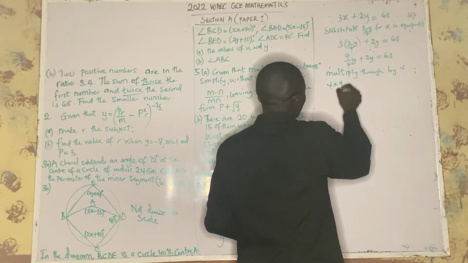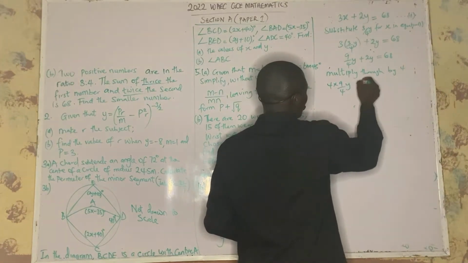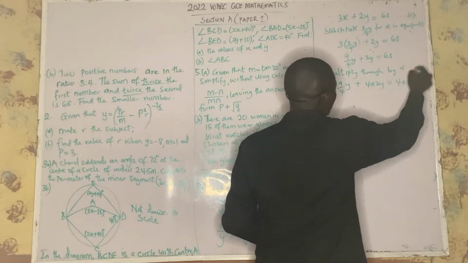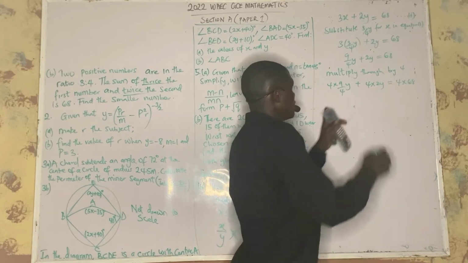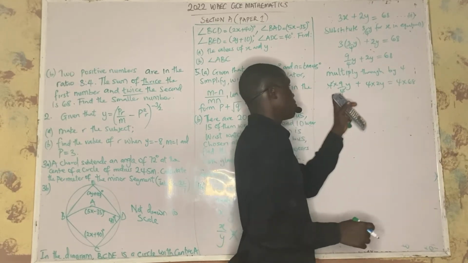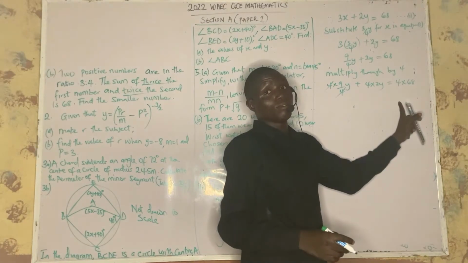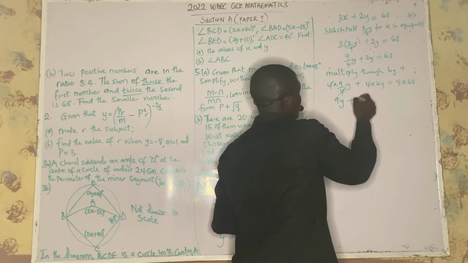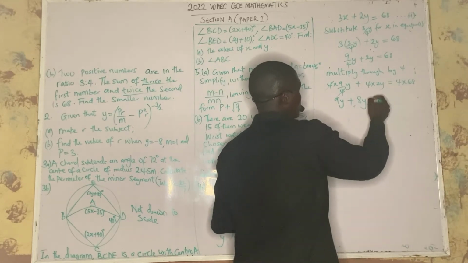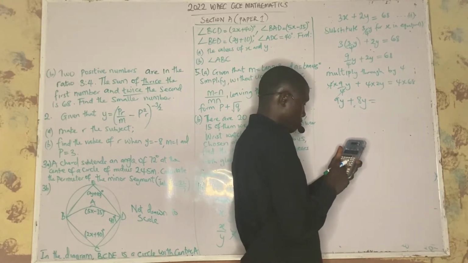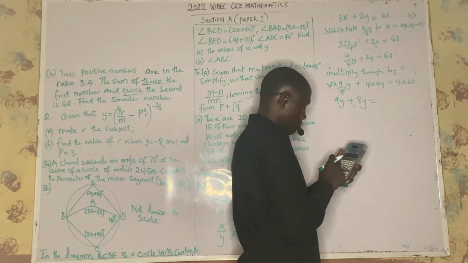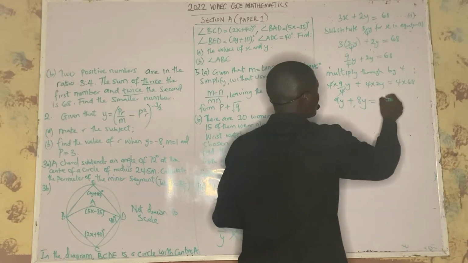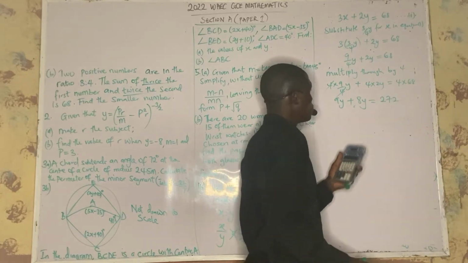Now, multiplying by 4, we have 4 times 9/4y plus 4 times 2y equal to 4 times 68. Now you can see that the 4 cancels the 4, and we no longer have any fraction. So we have 9y plus 8y equal to 4 times 68, which is 272.